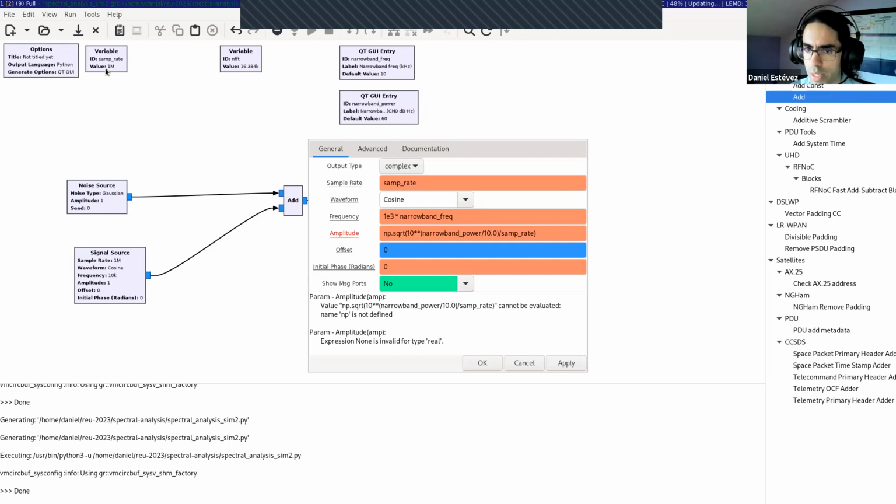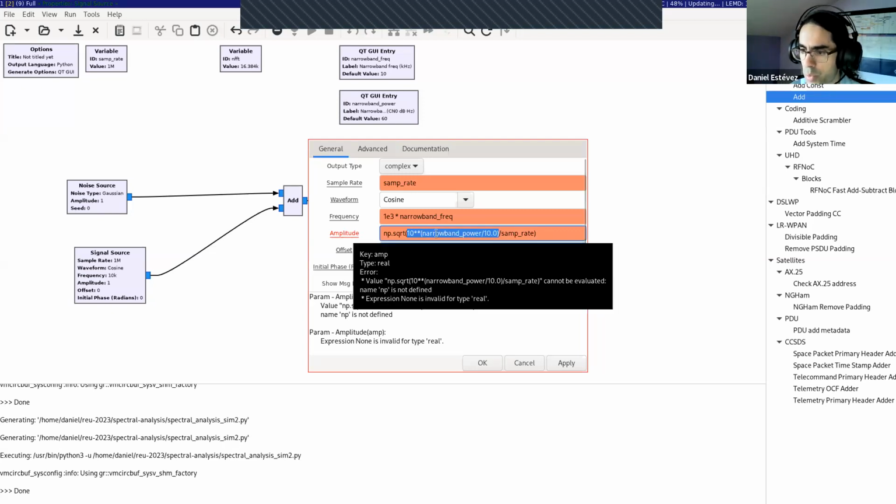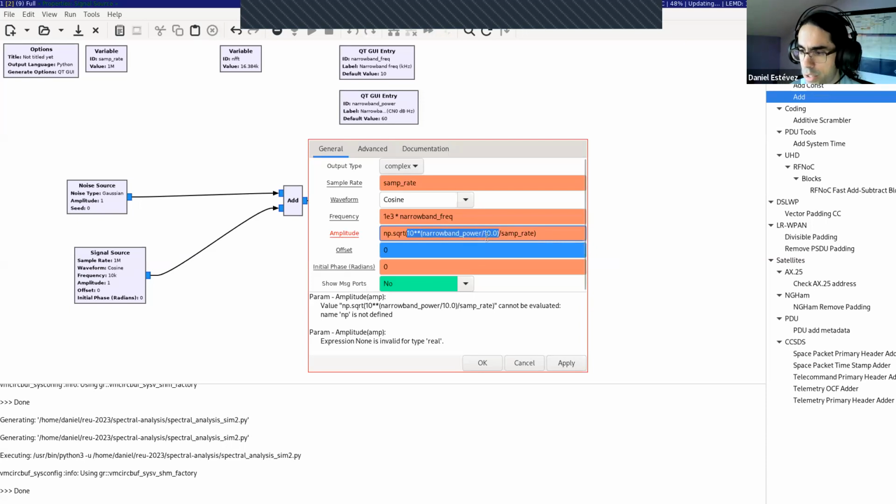So we need to divide 1 by 1 million. And so the noise power will be 1 divided by 1 million, or 10 to the power minus 6. And here what we are simply saying is that the signal is the narrowband power appropriately converted to linear units multiplied by that 1 divided by sample rate, or 10 to the minus 6, which is the noise power in 1 hertz. So hopefully that is more or less clear now.